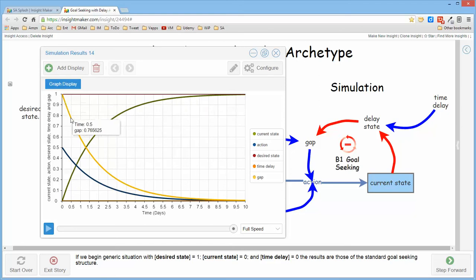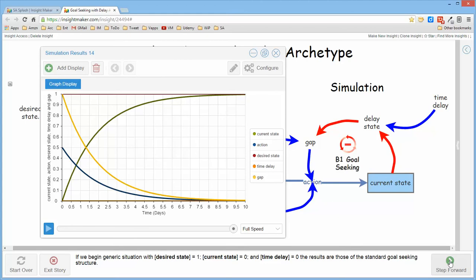The gap between the desired state and the current state continues to get smaller, and the action declines as that happens. And note that the action was initially set at 0.5. So this is the typical goal-seeking behavior.